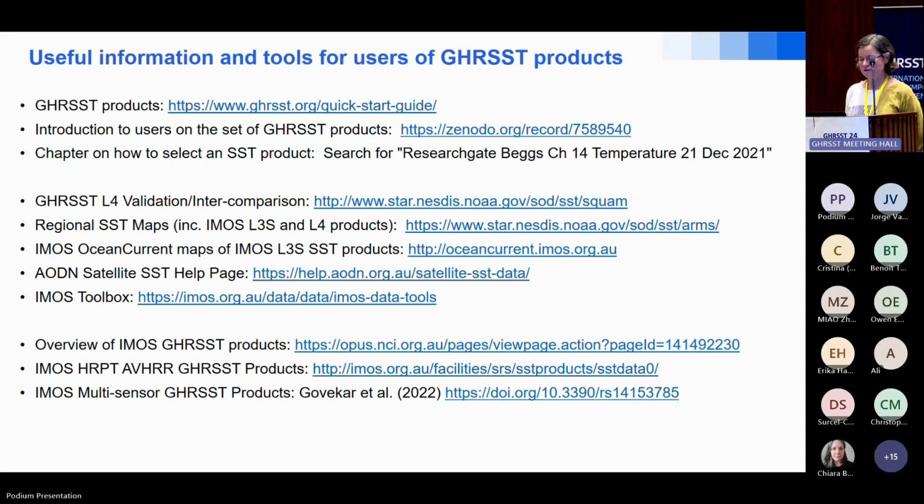And also, I gave a plug to my free online chapter, which is part of a really nice book for students that's free on applications of ocean satellite data. I didn't put the exact link there, but you can find that in the documents. I highly recommend it.